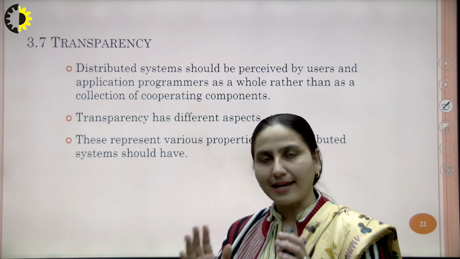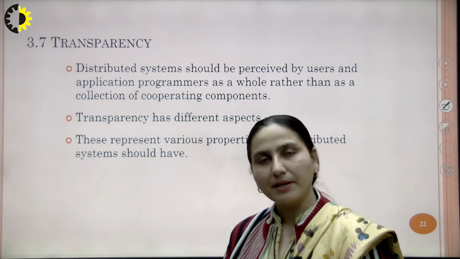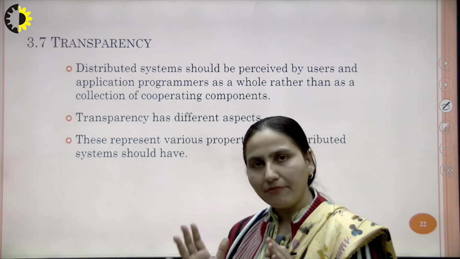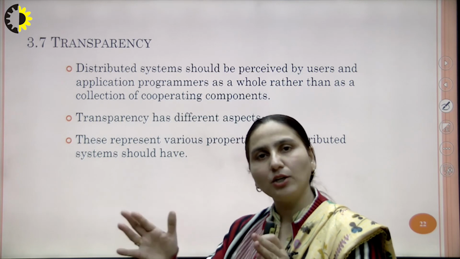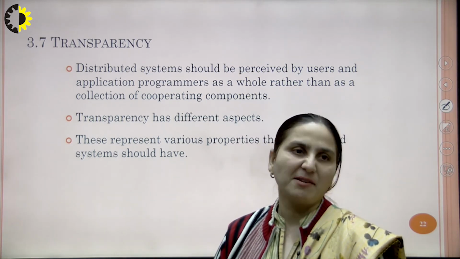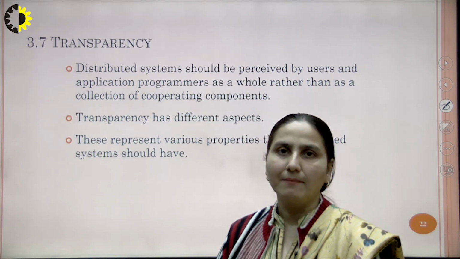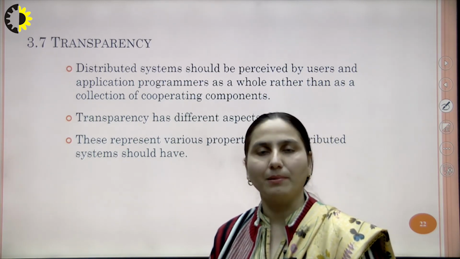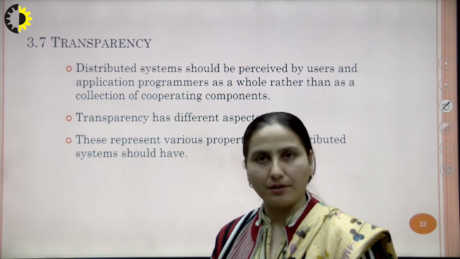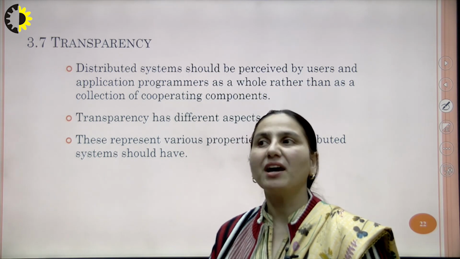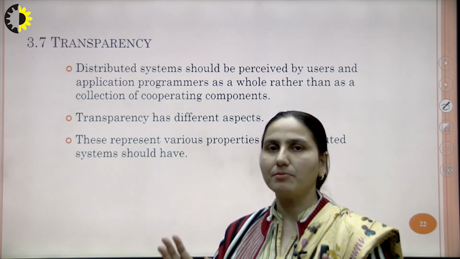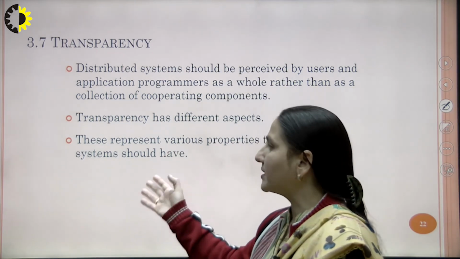So when we are designing or building a particular distributed system, these are the properties that every designer should include: the system should be transparent, open, scalable, heterogeneous in nature, secure enough, available, and confidential. These are the different properties which the distributed system that we are going to design should have.